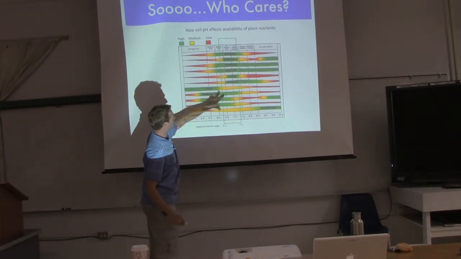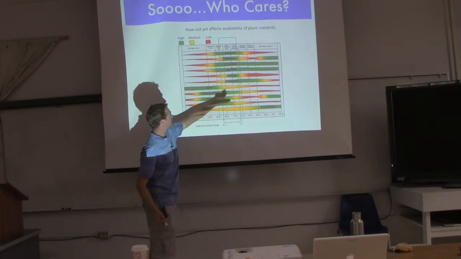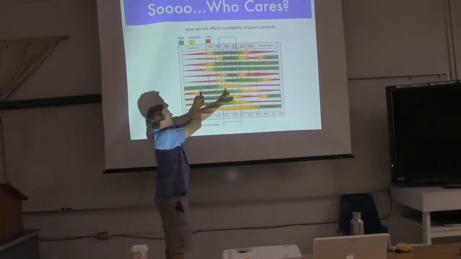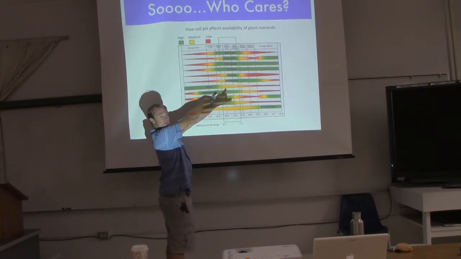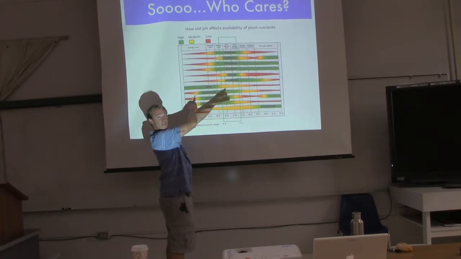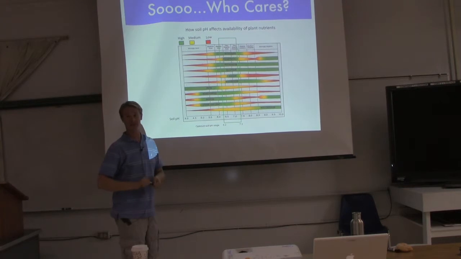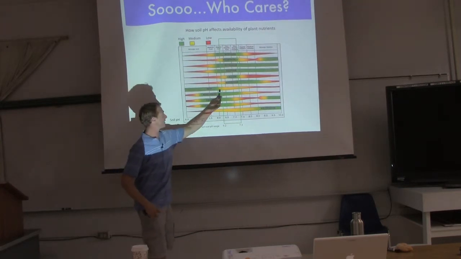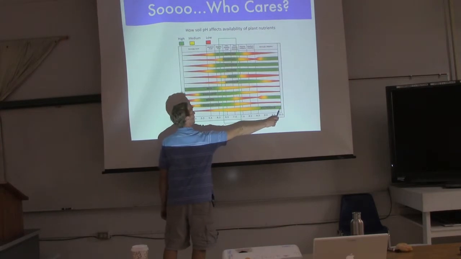So, no matter how hard you try, if you have a 6.5 pH soil, your plants aren't going to be able to absorb the amount of iron than if it was a lower pH. Which is okay because it's just a minor micronutrient, and you should be able to survive with that. Molybdenum, all over the place, right?